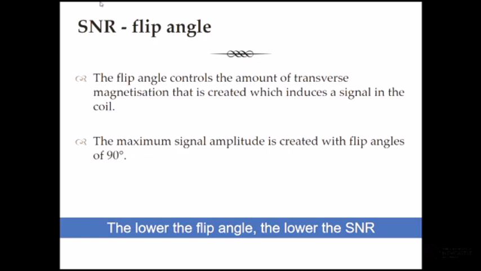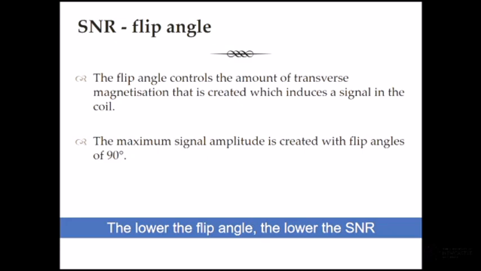The flip angle controls the amount of transverse magnetisation that is created, which induces a signal in the coil. The maximum signal amplitude is created with flip angles of 90 degrees. Again, that was one of the questions we covered in the tutorials this week. If you want maximum signal, we want that flipping of our net magnetisation vector into the transverse plane, so the lower the flip angle, the lower the signal to noise ratio.